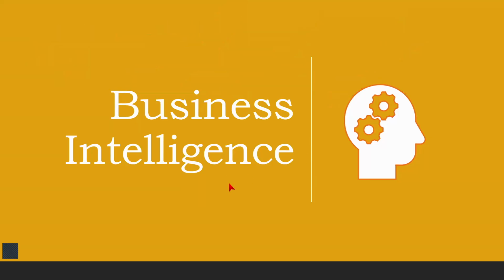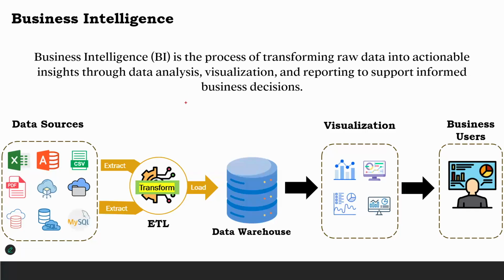Okay. Good. So what is business intelligence? Like I said, business intelligence is the process of transforming your raw data into actionable insights, and you convert this raw data into insights through some data analysis, visualization, and reporting. Yes, that's what we are going to do. All right.